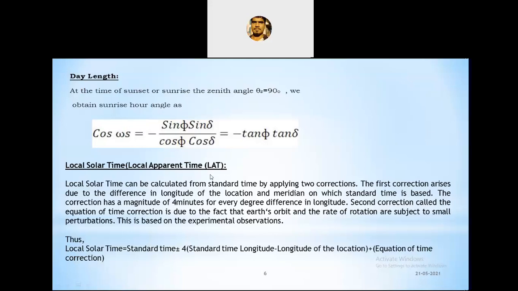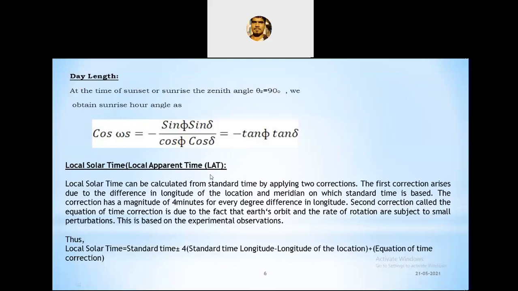But the meridian and longitude correction changes, because the standard meridian angle and the location angle differ. The earth's rate of rotation is subject to small corrections, and these corrections are based on experimental observation. Through a series of experiments, they found that this is a standard correction.